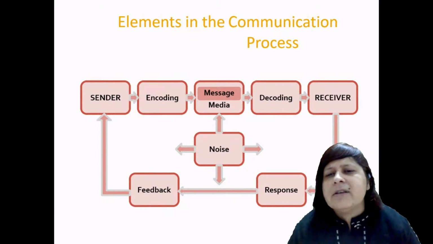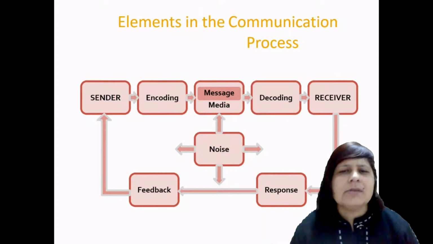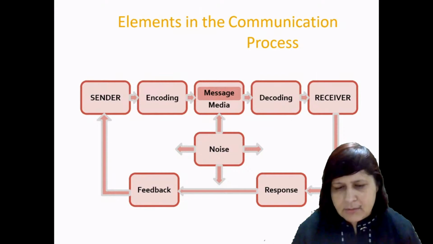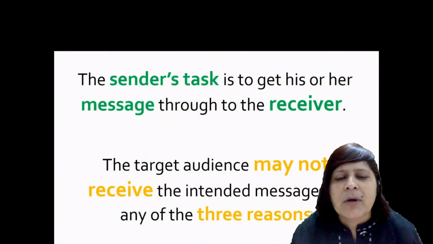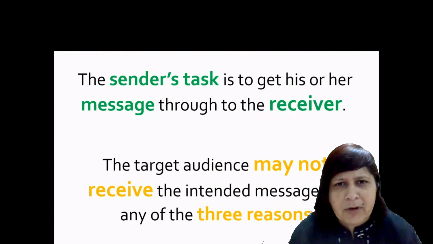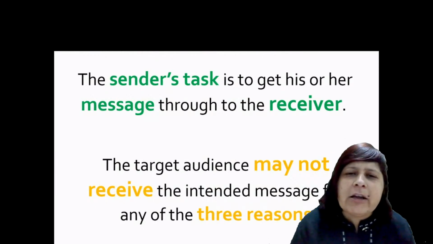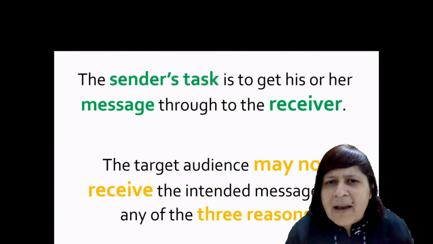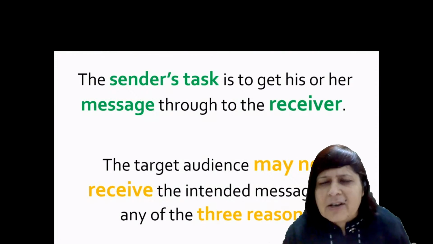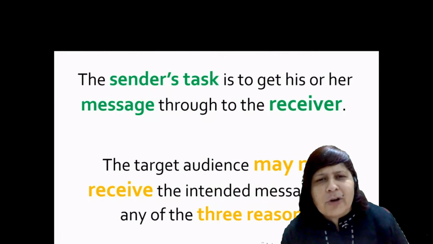And there are various types of noises in between. Noises could be technical or non-technical, right? And these noises are known as barriers to effective communication. Technical barriers could be loss of data packets, or loss of signals, or anything else, right?